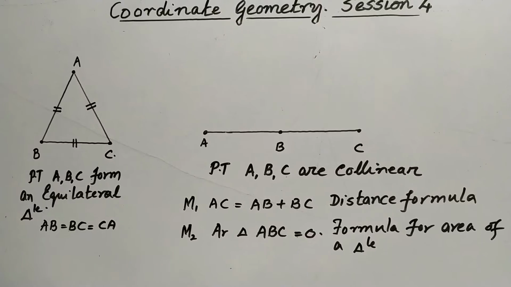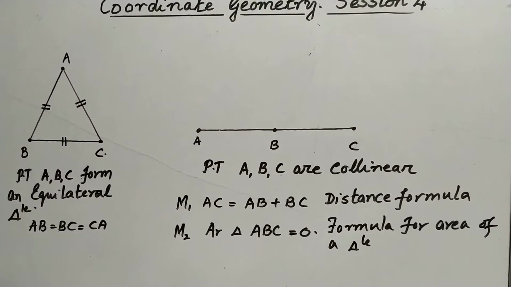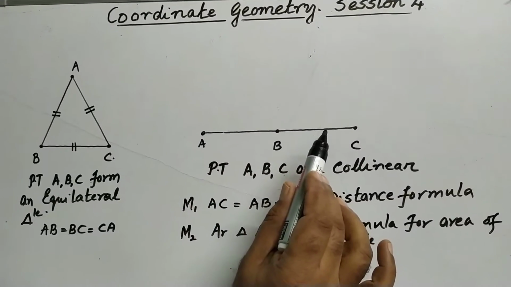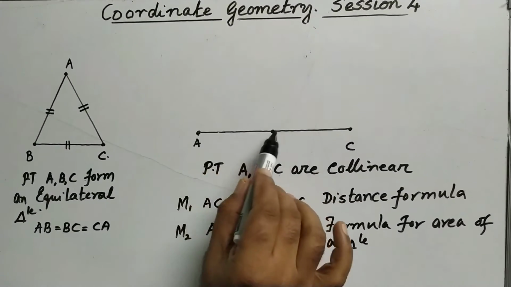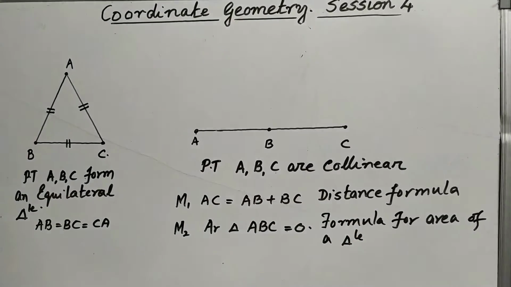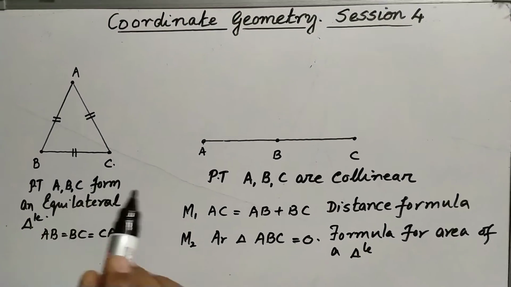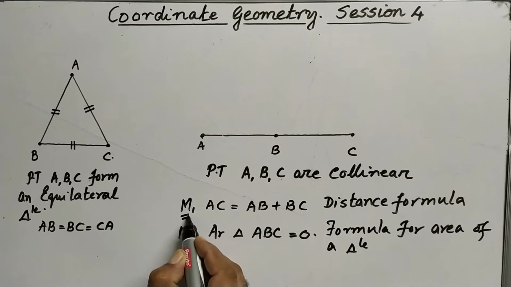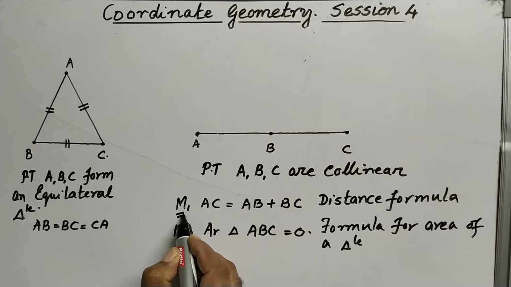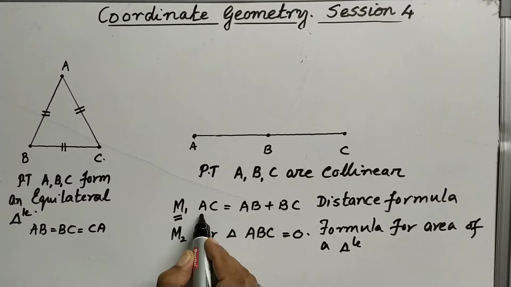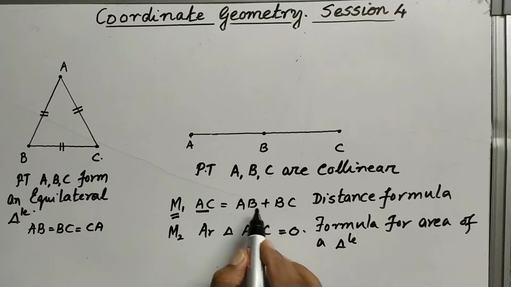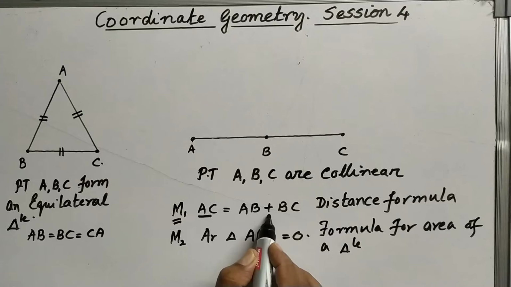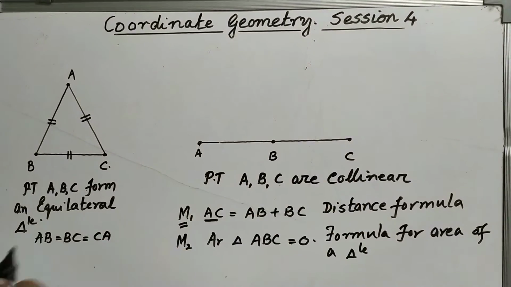If such a problem is given, here I have drawn a line and on the line I have the three points A, B and C. To prove that they are collinear, method number 1, by using the distance formula, I will prove that AC is equal to AB plus BC. If that is true, then A, B and C are collinear.